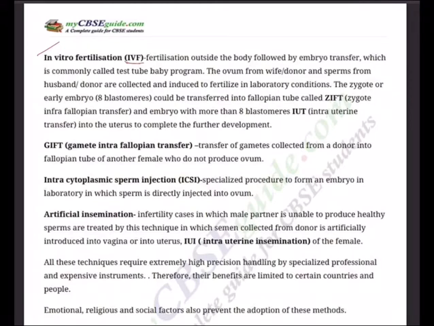Of course, all of you know this IVF is commonly known as the test tube baby technique, the test tube baby program. And this method involves IVF, in vitro fertilization.